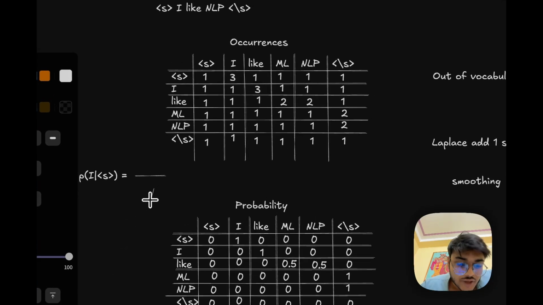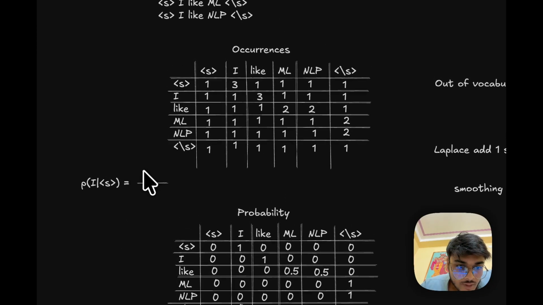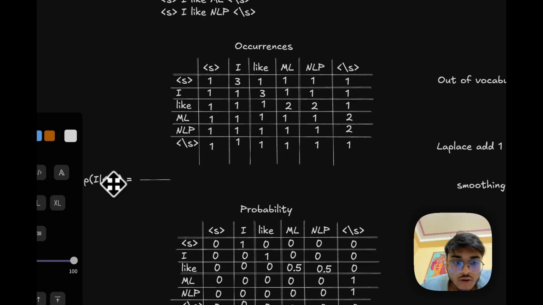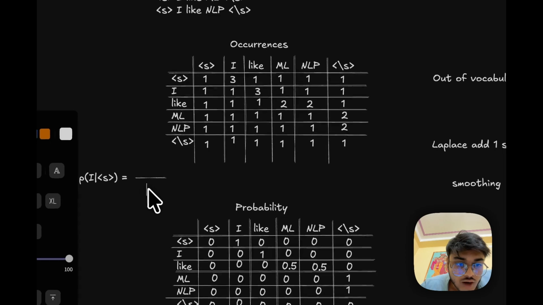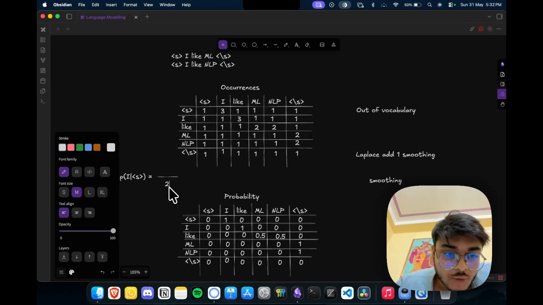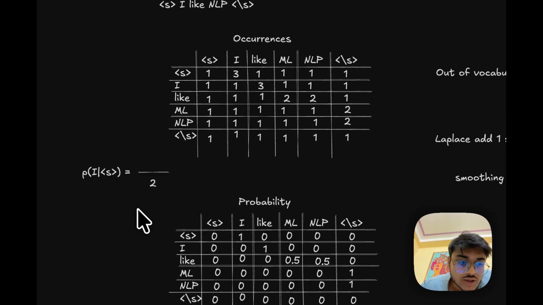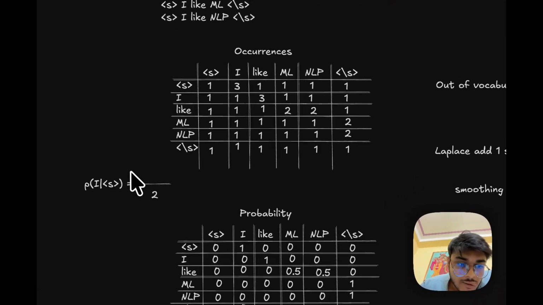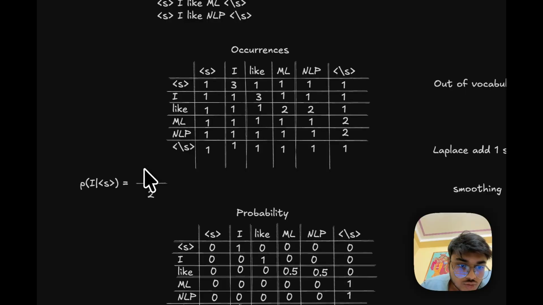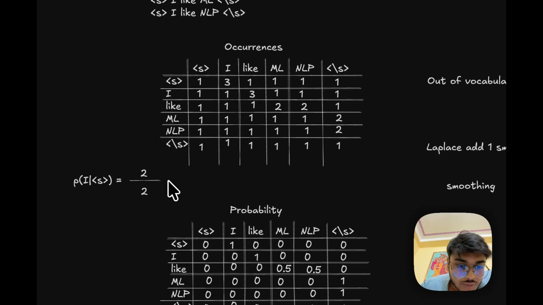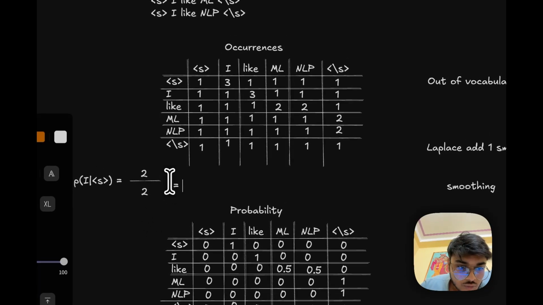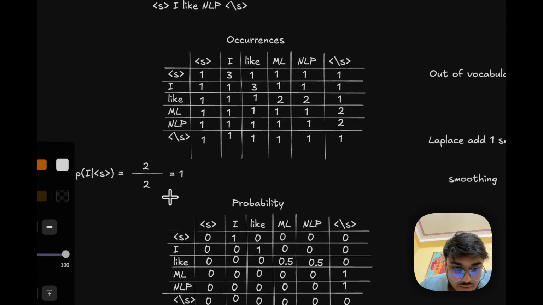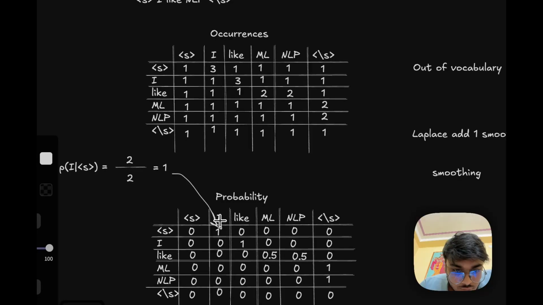I wanted to find the occurrences of s, which is 2, and the occurrences of s followed by I is 2 also. So the probability became 1. We know about it because we calculated this thing right here. Got it?